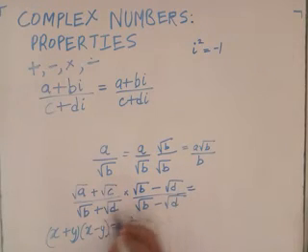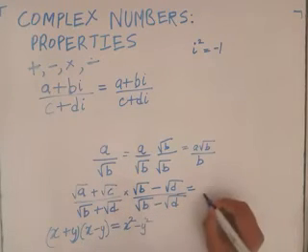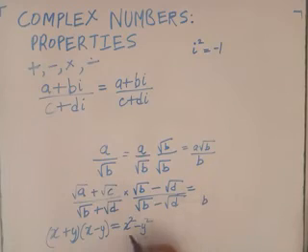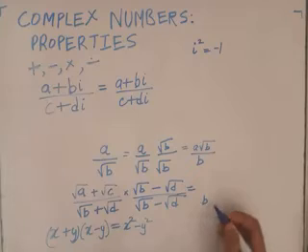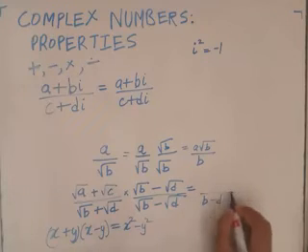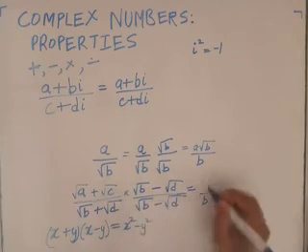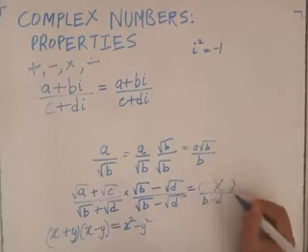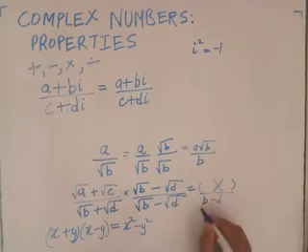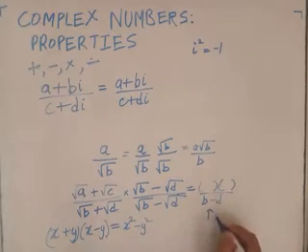We can rewrite the product of these two as b, because the square root of b squared is just b, minus d, upon the product of these two. So I'm not going to write them down, but just the product of these two terms. And as you can see, we have managed to rationalize the denominator here.